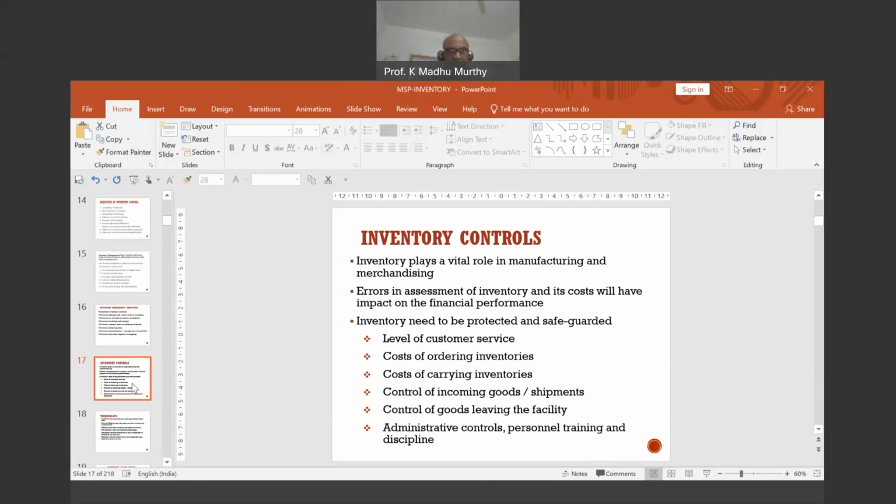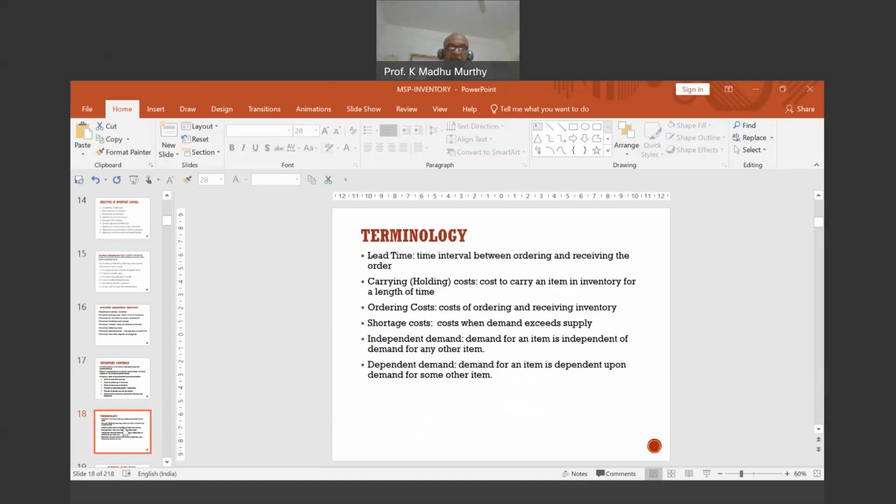These are administrative controls for which we may have to prepare our personnel, train them, and bring in awareness about the policies that we wish to follow and the importance of following such decisions.